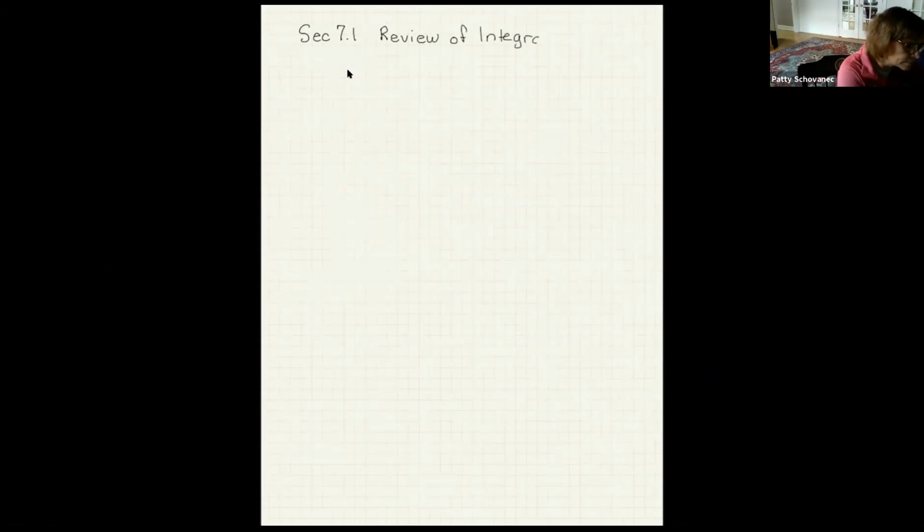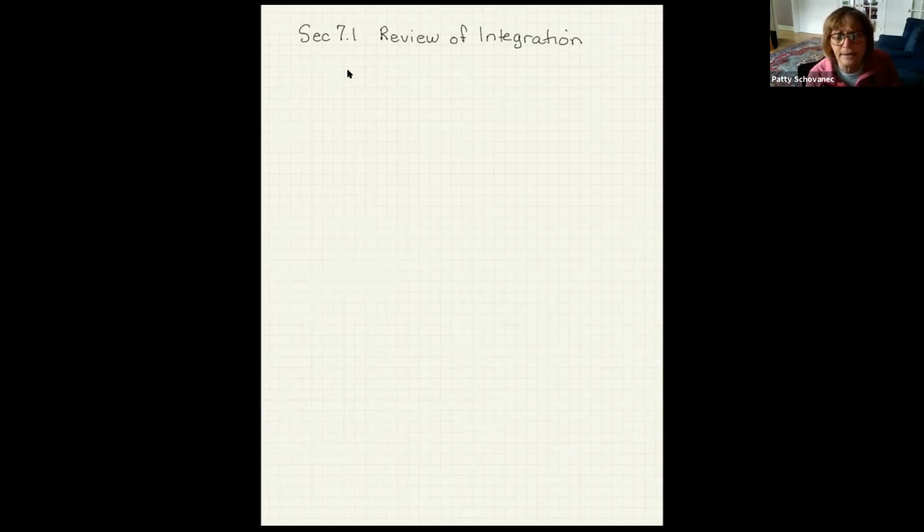Okay, so here's section 7.1. And this is a review of integration. So we had our basic integrals for x to a power, our 6 trig functions, our inverse trig functions, e to the x, and the natural log of x.